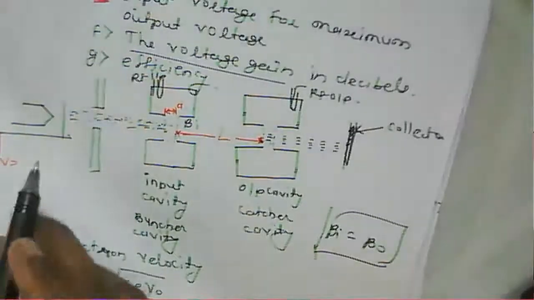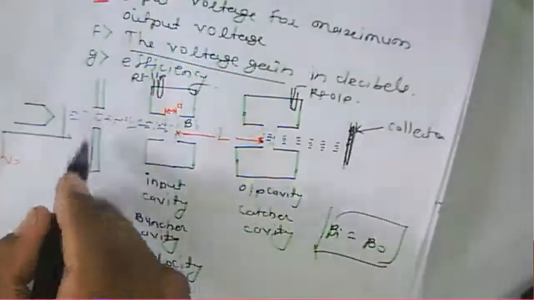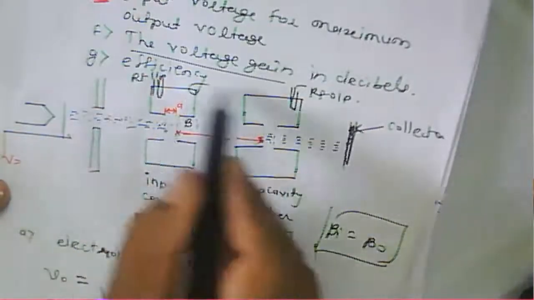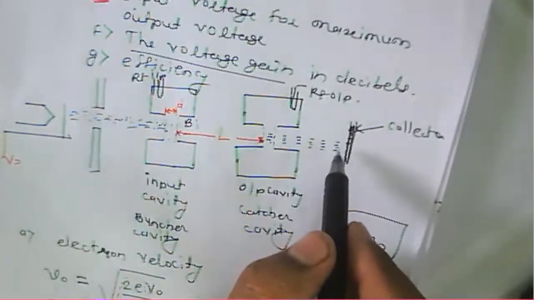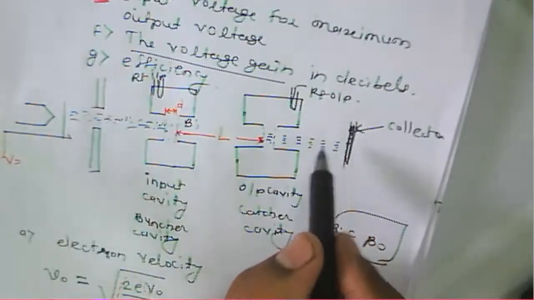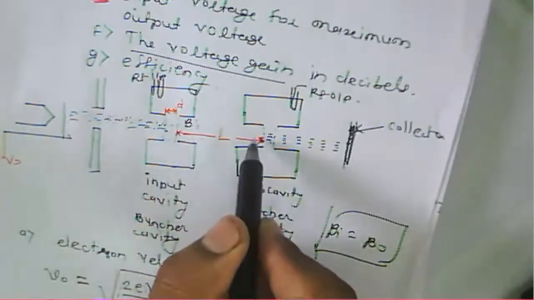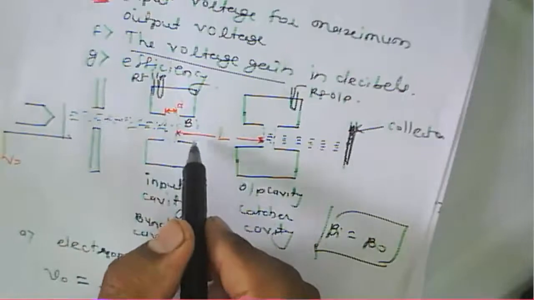You just remember that here we have the DC beam voltage, the RF interaction region, and at the end the beam is collected at the collector. The length from the input cavity to the output cavity is called the drift region, or drift space, or you can say it is the RF interaction region. That is about your numerical here. Next numerical, we'll go ahead.